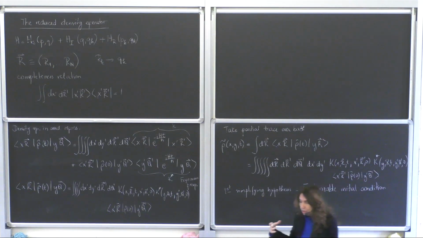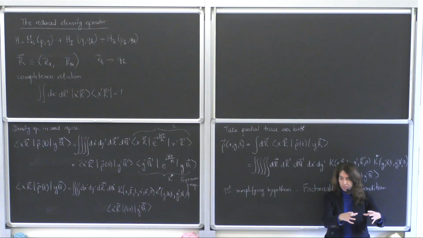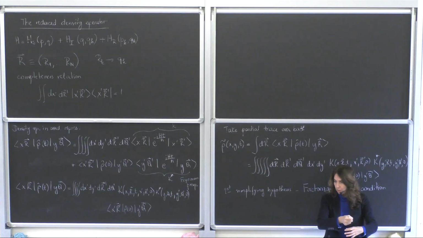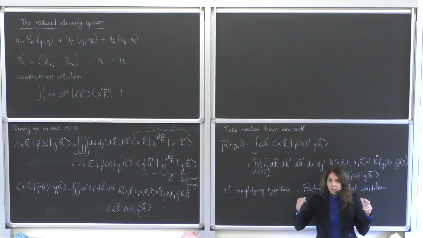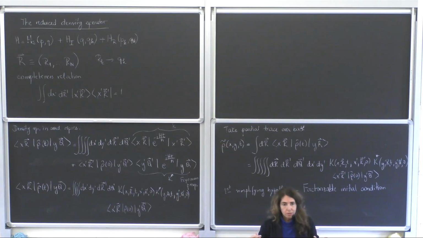Namely, they assume that the bath is in thermal equilibrium, and at time t equals 0 plus, I am connecting the system to the bath. This is quite a rude assumption, because much more natural would be to assume that initially the system and the bath are in thermal equilibrium together, and only then you come and you make a measurement over the system, okay?